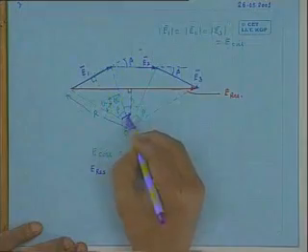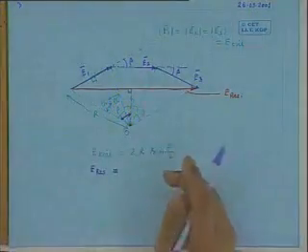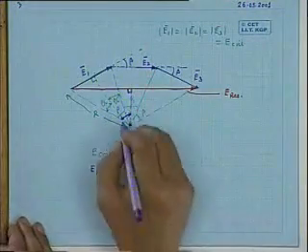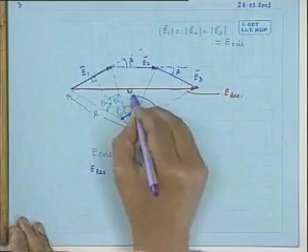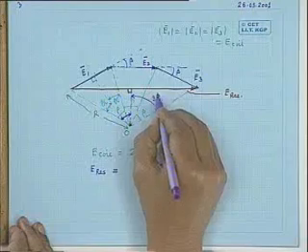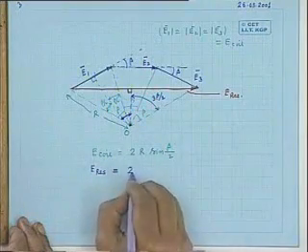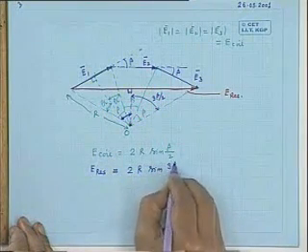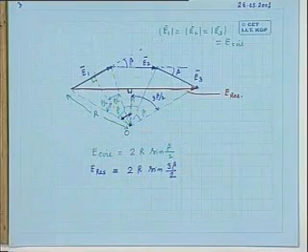This angle will be how much? 3 beta by 2. 3 beta is the total angle, and I have dropped a perpendicular, so this angle is 3 beta by 2. So this is also 3 beta by 2. So this will be twice r sine of 3 beta by 2.